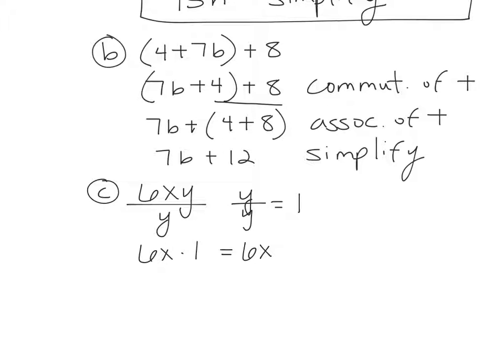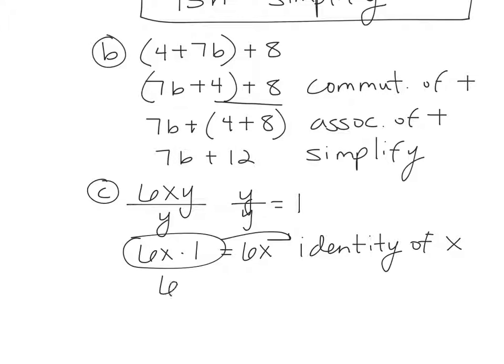My identity, right? So that would be the identity property of addition or multiplication? Multiplication, okay? Technically, this would be identity property, which gets you 6x, which is just simplify.